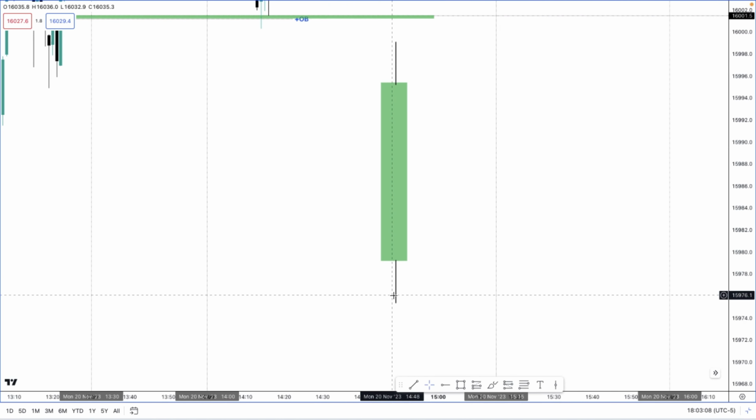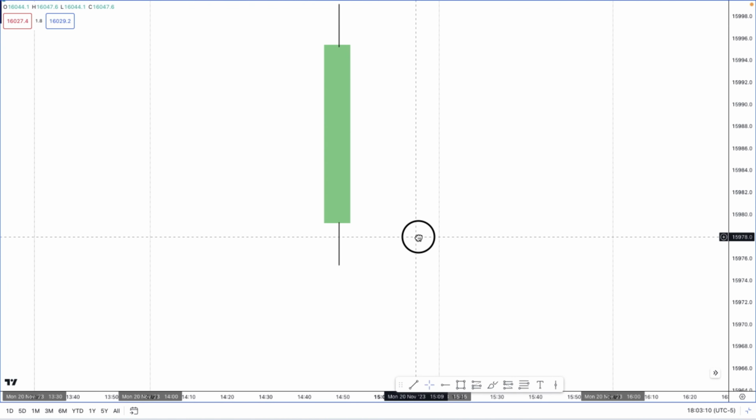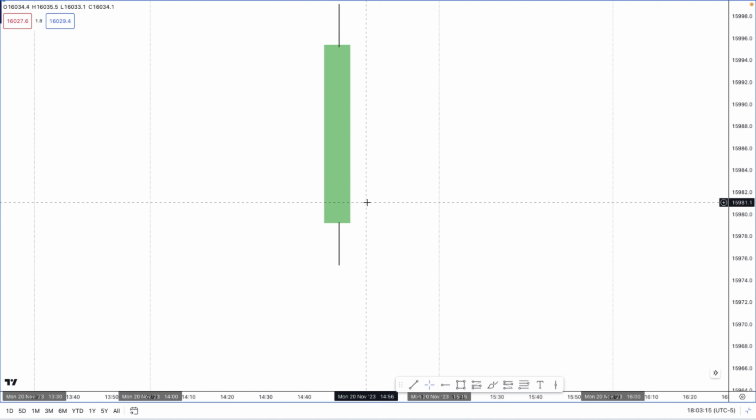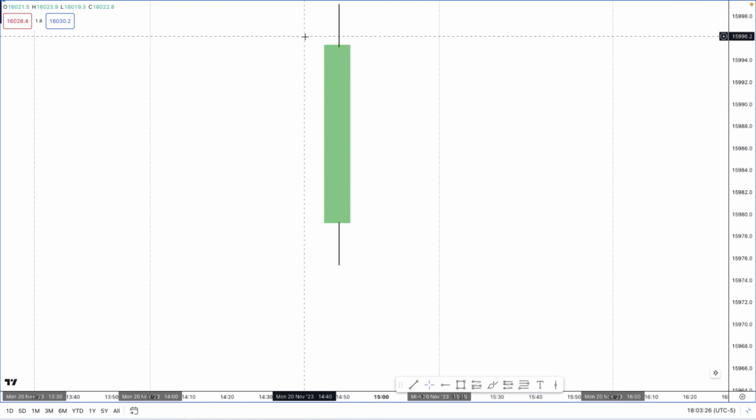Now, with this thinking, that's how every session is. Believe it or not, every session is like this. It will open here, print the low of the session, print the high of the session, and then come back to retrace into the close.